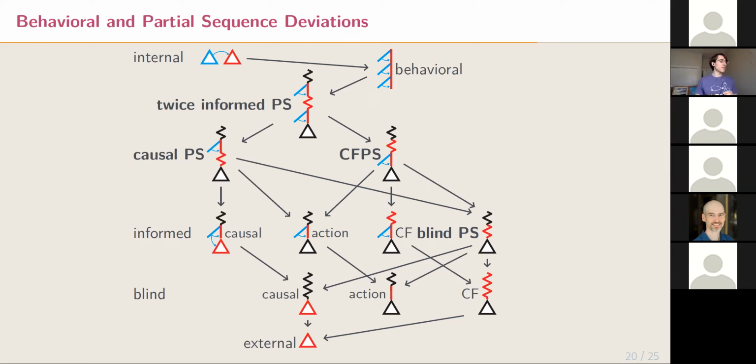So for example, if you just chose the external deviations as the deviation set, you're implicitly saying, I don't really need this learner to adapt too much. I just want it to be as good as a single fixed strategy, right? If it finds that fixed strategy, that's good enough.